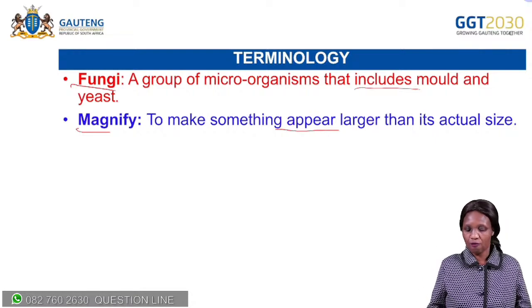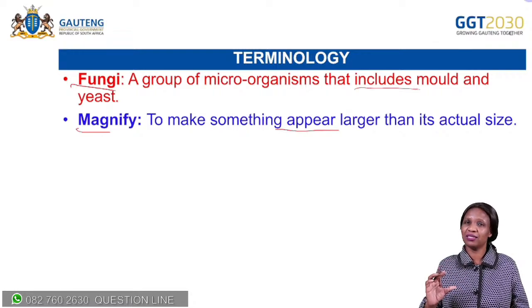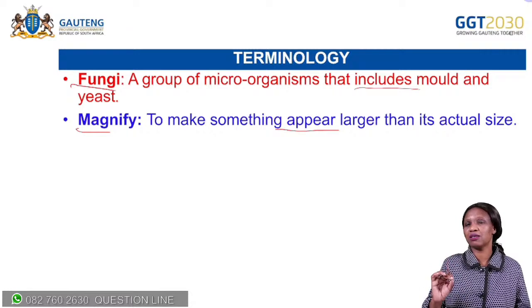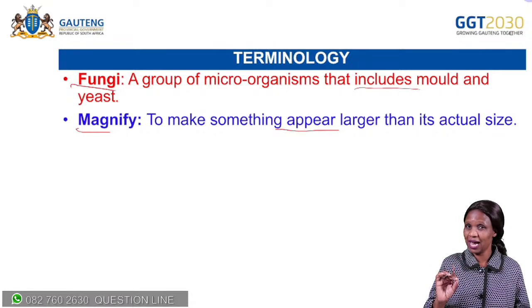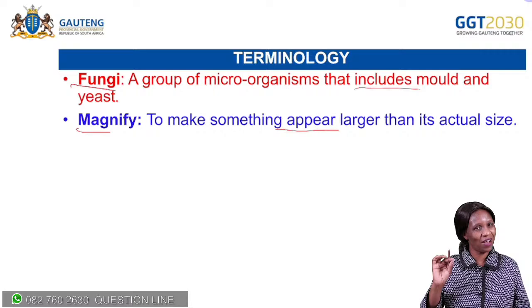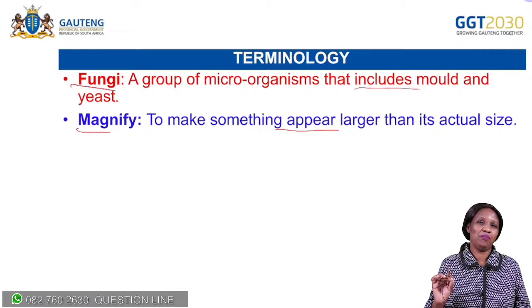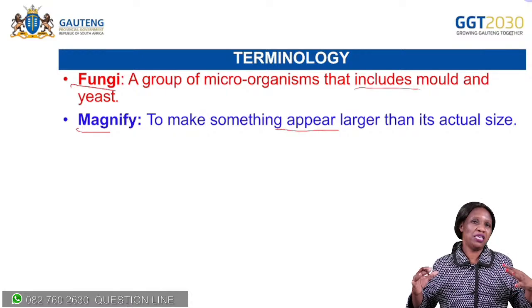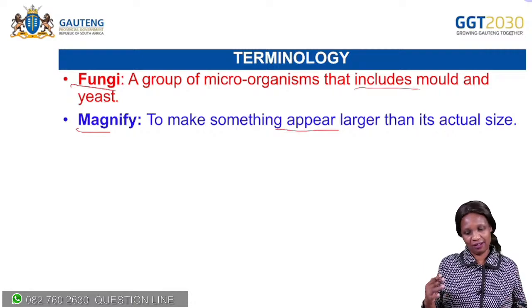All right? For example, microorganisms are very tiny, they are very small. It is very difficult to see them using what? With your naked eye. Therefore, we magnify, we look at them under the microscope, and then they appear larger or bigger or huge. Right?